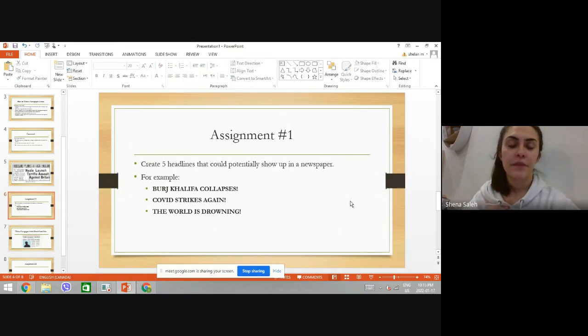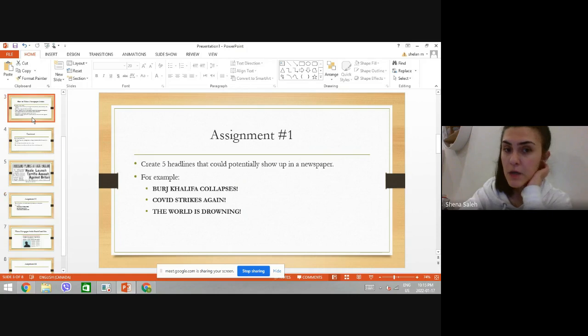It's fake news, so you can create something fake as long as you can make it believable and persuade the reader. You have to persuade me, the person who's marking your headline, to make me want to read your article. So please create 5 headlines that work with the guidelines.